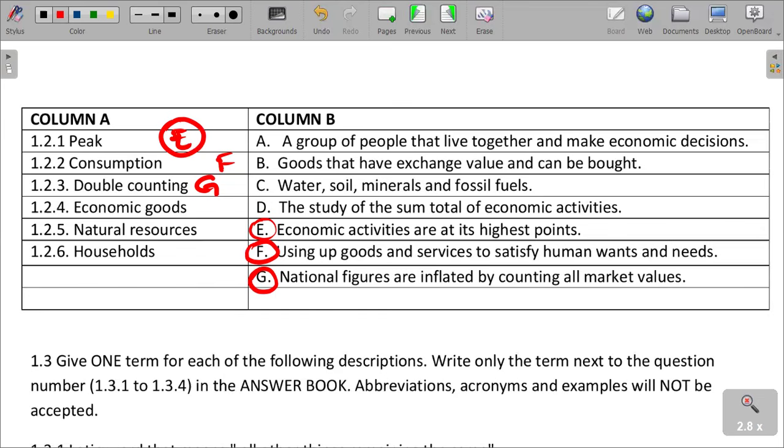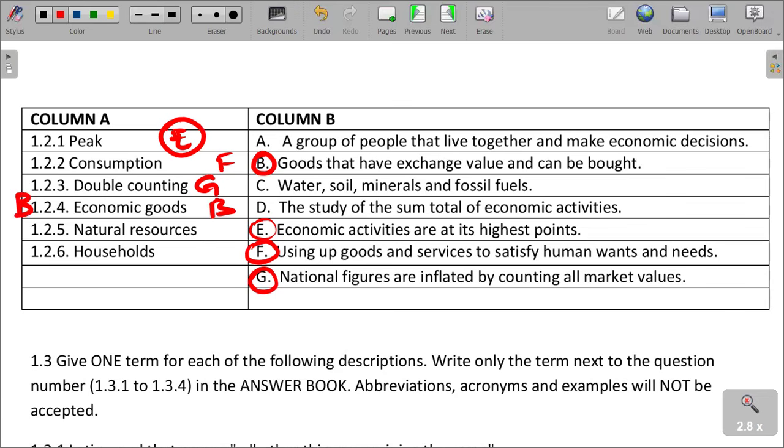They have got an exchange value, meaning one person can need them, and ownership can be changed because of transactions involved, because of selling involved. So we say those are economic goods. That is B.